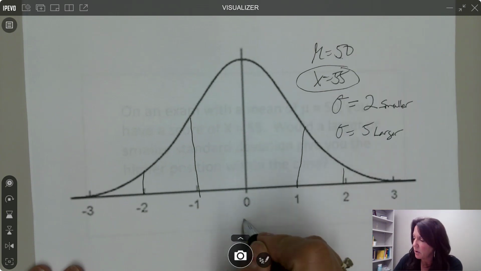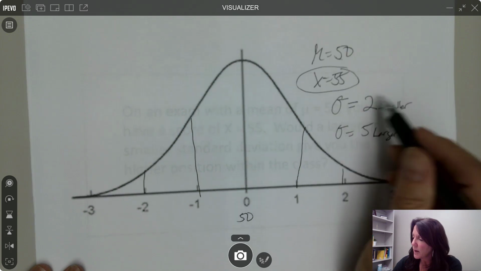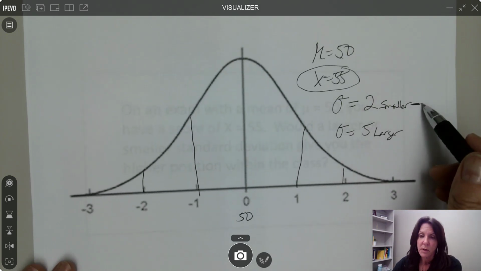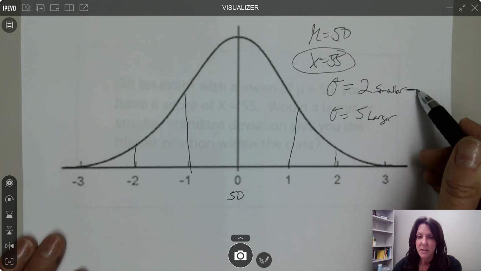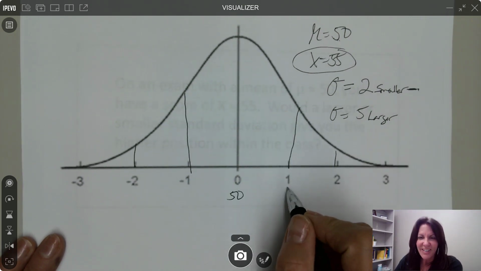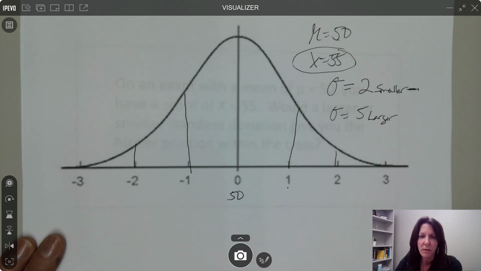I'm going to put that here. And I'm going to start with the standard deviation of 2. So when you're solving a problem like this, you want to add 2 to each standard deviation to map out the scores in this distribution.